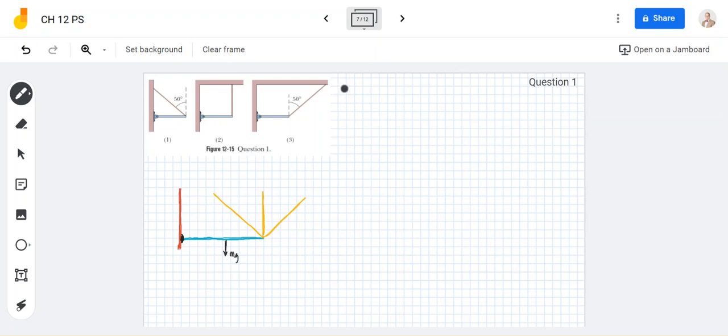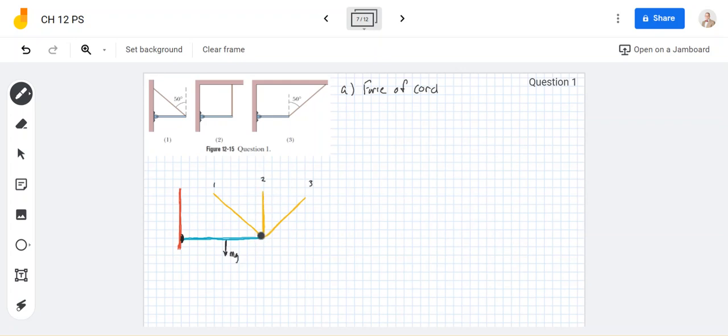And so A says the force of the cord, so the vertical has to be the same, but this one here, I'm gonna call these 1, 2, and 3.